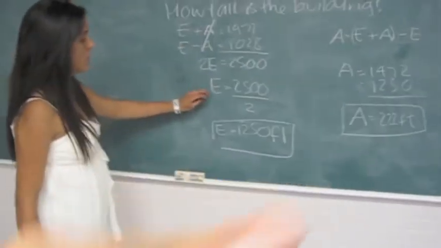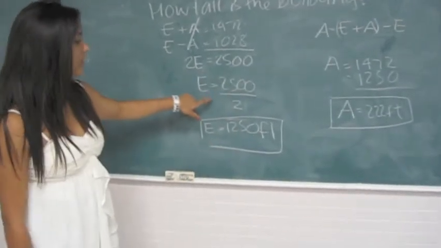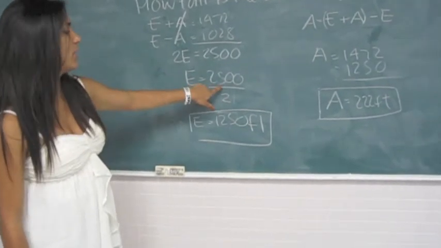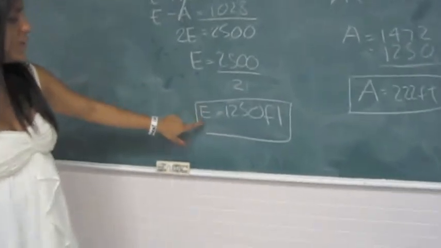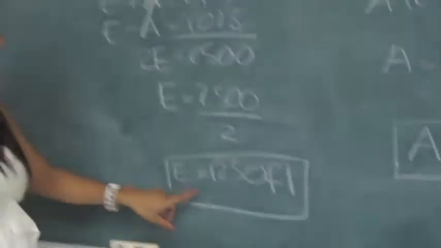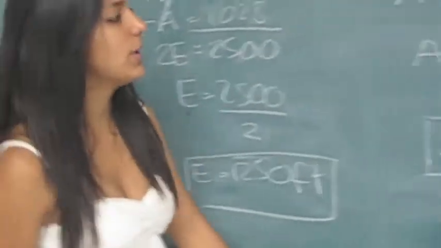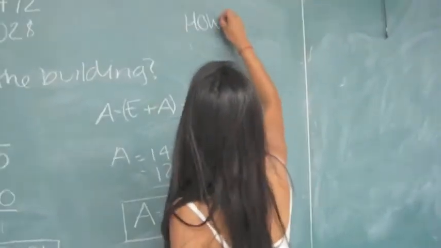And after this, you would have to do the inverse operation, which is divide, and the total height would be 2,500 divided by 2. And our final answer for how tall is the building is 1,250 feet.